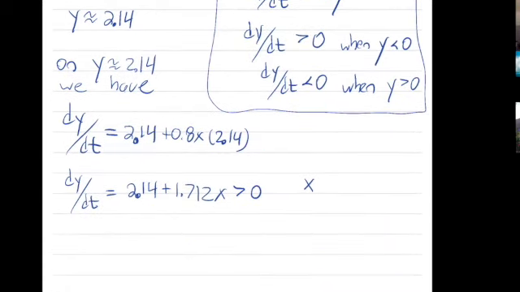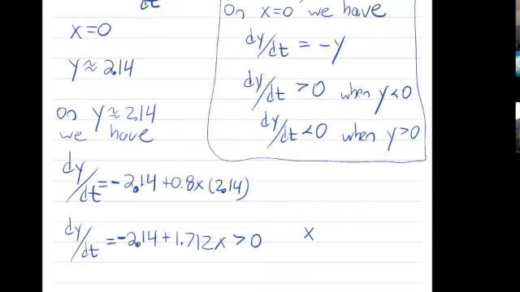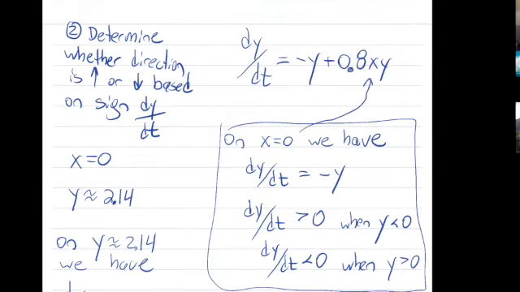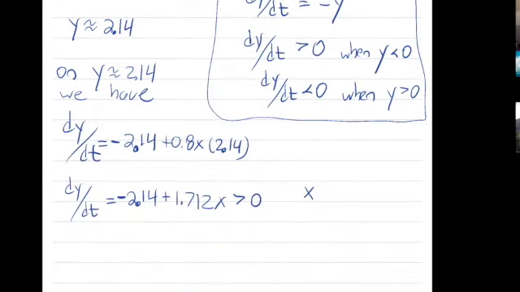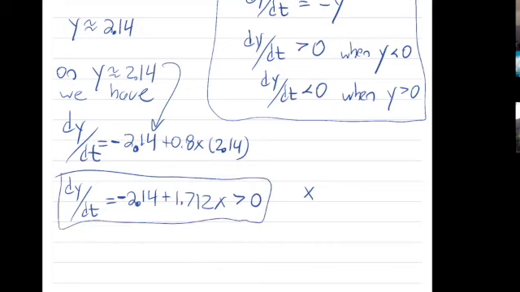I think I missed the sign here, right? The dy dt was minus y, 0.08 xy. And so plugging this into the differential equation, we get this, and then we want to think about for what values of x that is going to be positive.